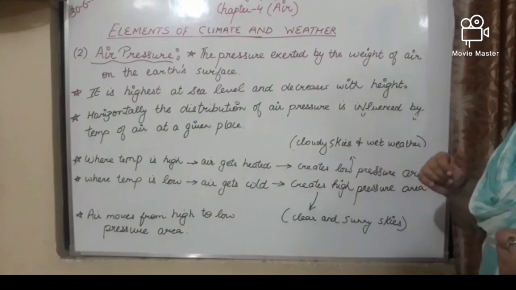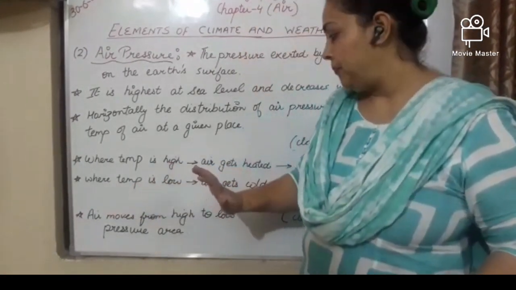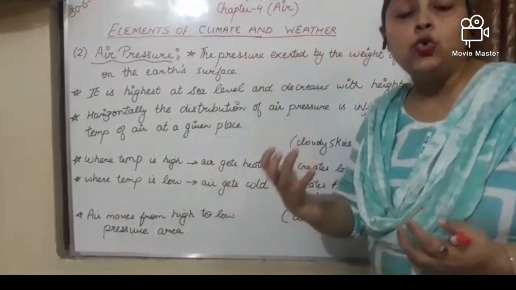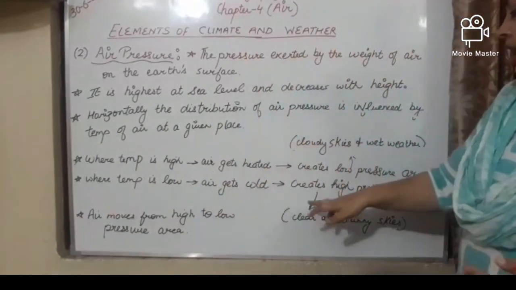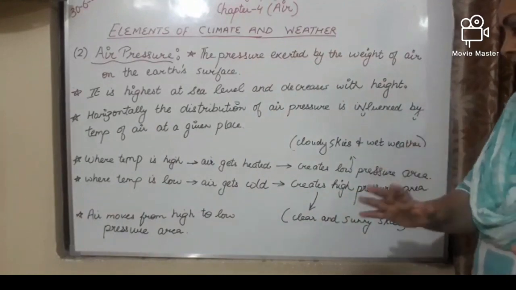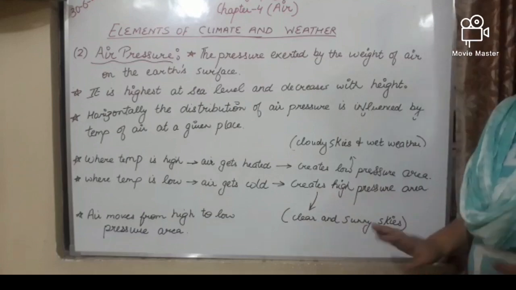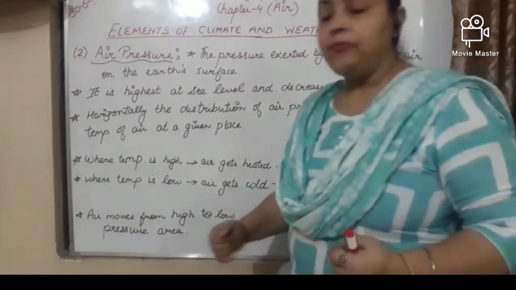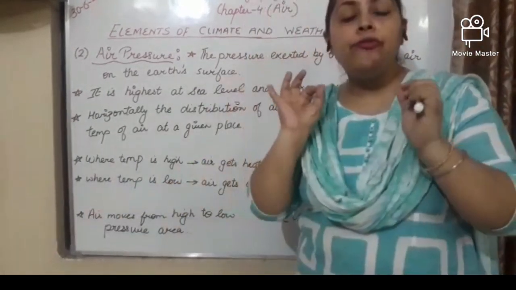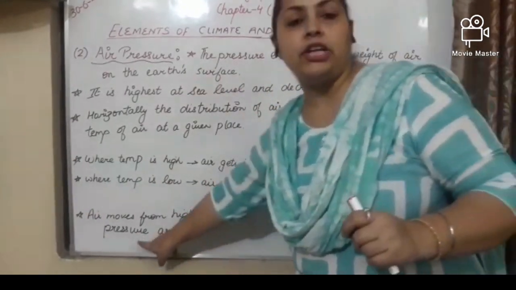Where temperature is low, air gets cooled and creates a high pressure area. There, it will be clear and sunny skies. The last point: air always moves from high to low pressure area.